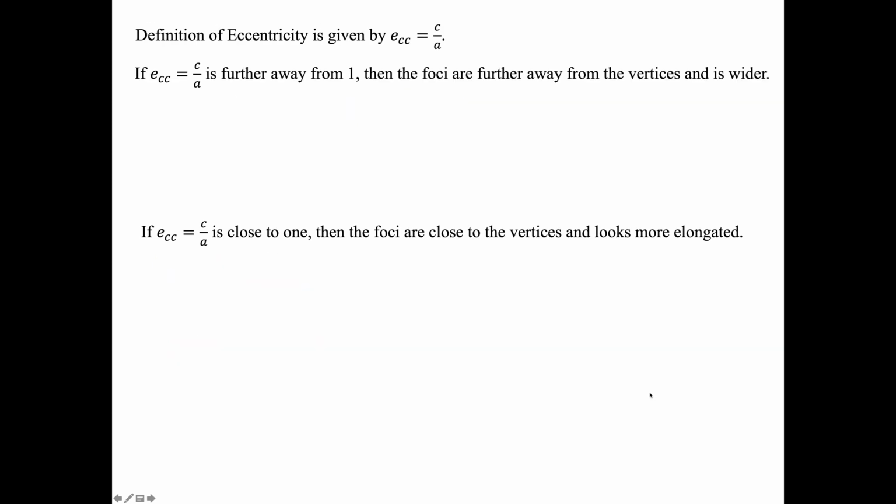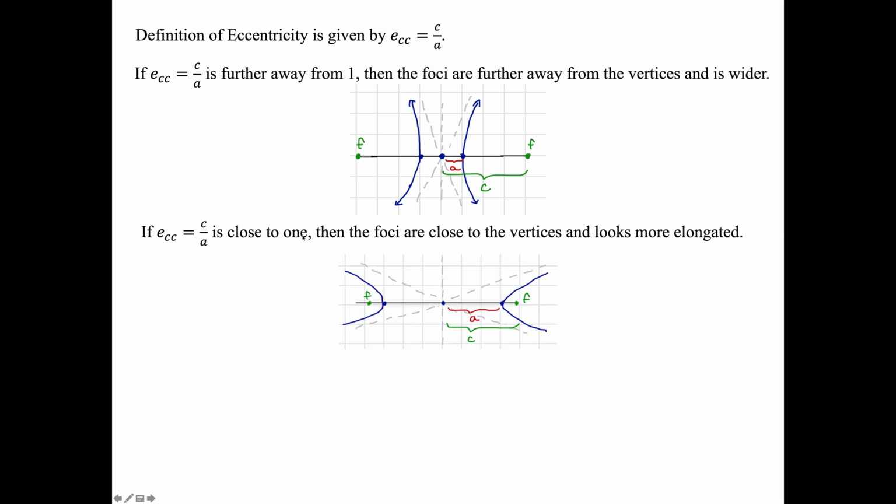All right, definition of eccentricity, given by e equals c over a. If my c over a is further away from 1, then the foci are further away from the vertices, and the hyperbola curves are wider.